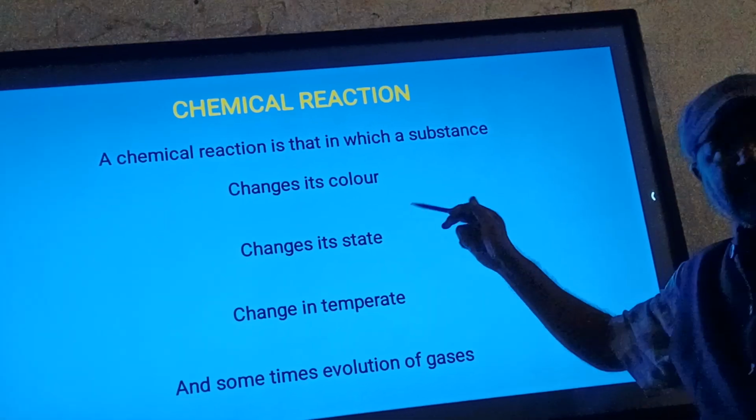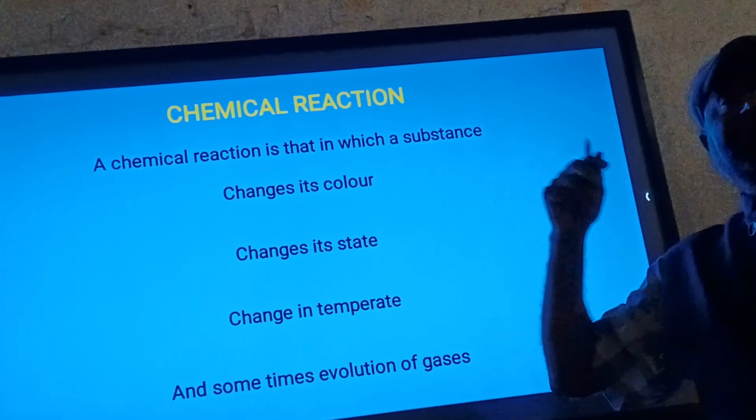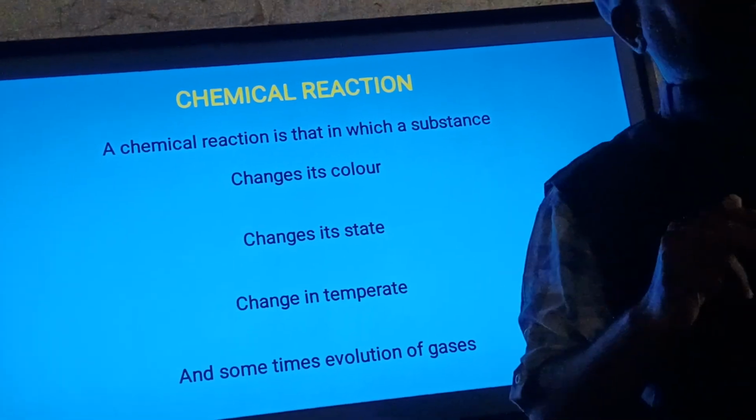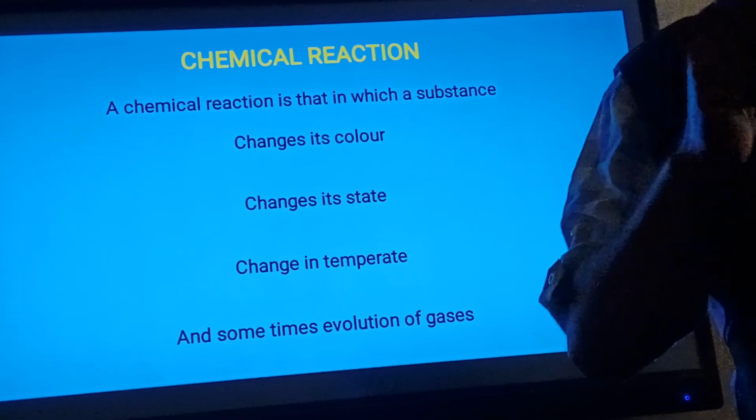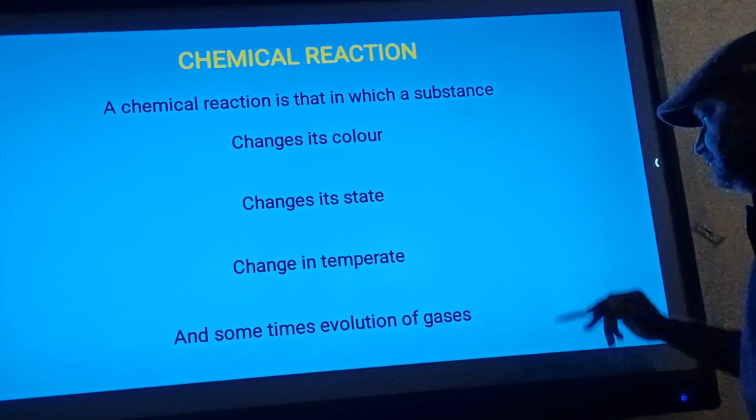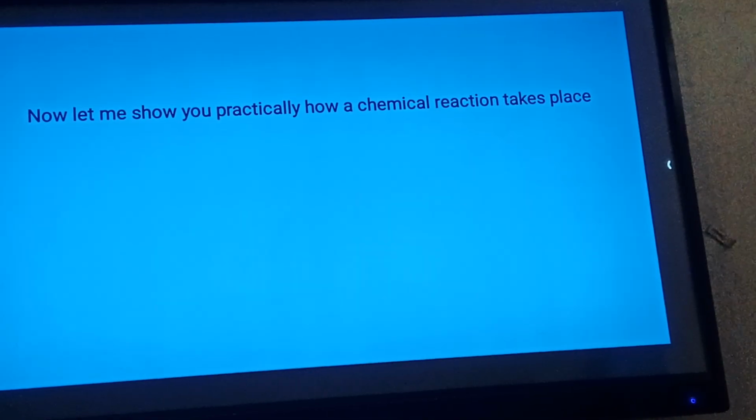If any one or sometimes all of these are present, they may attribute to a chemical reaction. Okay. Now I think you will have a better idea of what might be a chemical reaction.